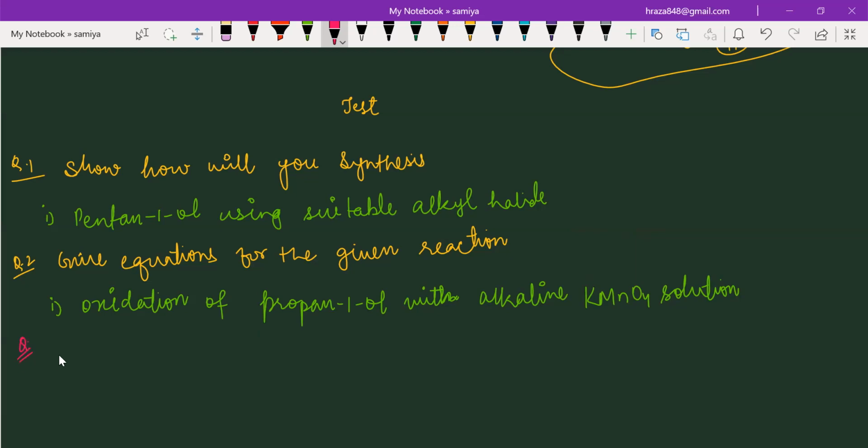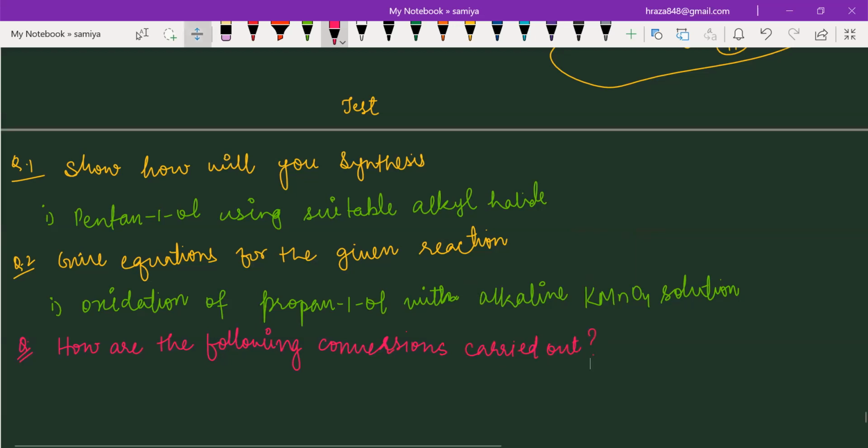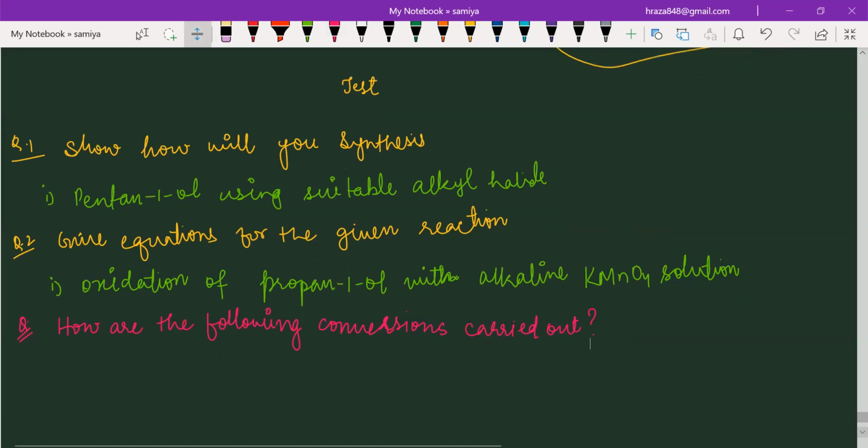Next question. How are the following conversions carried out? Please let me know if you are done with question number 1.